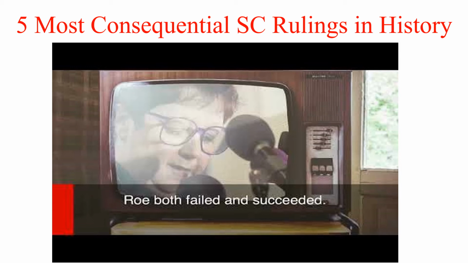The court in later years changed this trimester approach to a viability approach and said that the pregnancy should be divided into two pieces instead of three, and in the first part the fetus is not viable, meaning if for whatever reason the fetus is taken out of the mother's womb, then it cannot remain alive on its own.